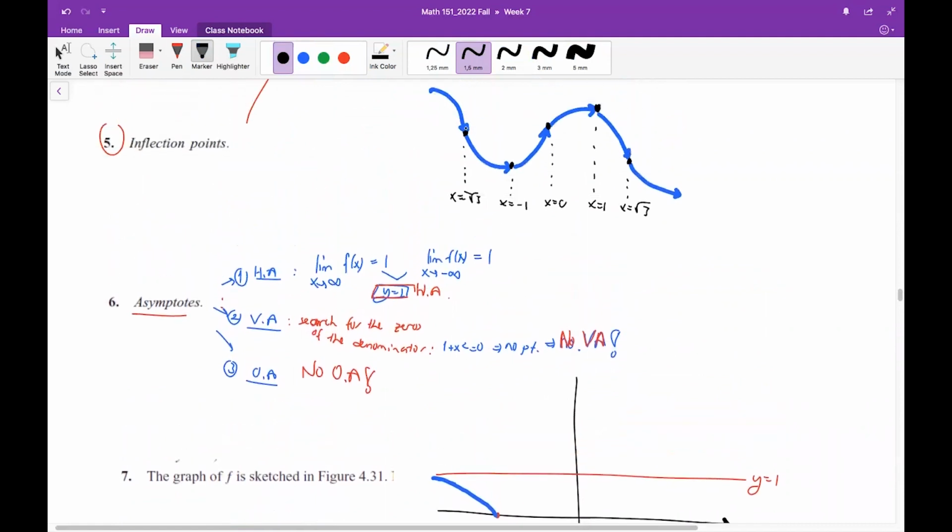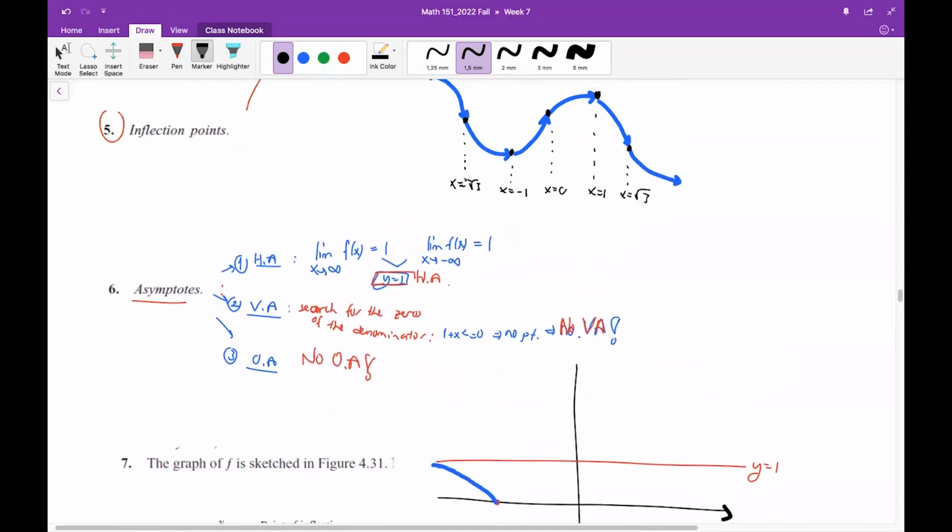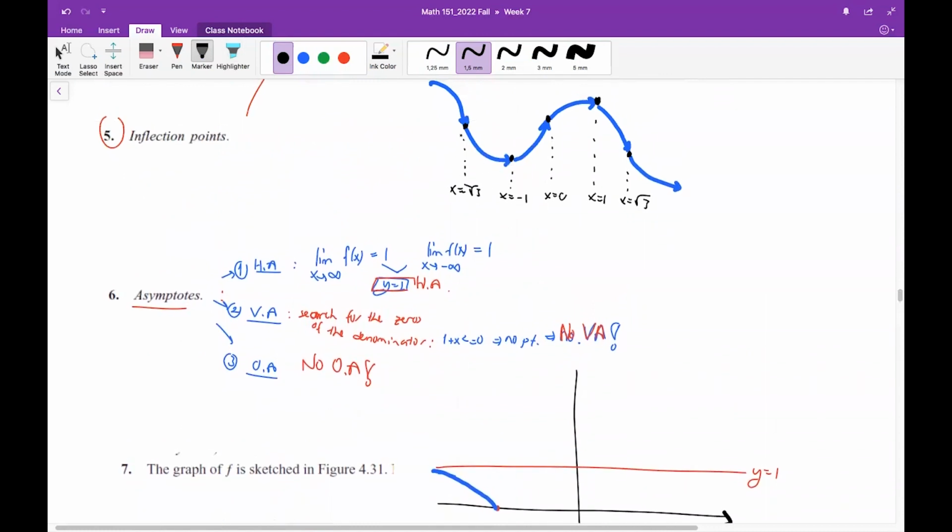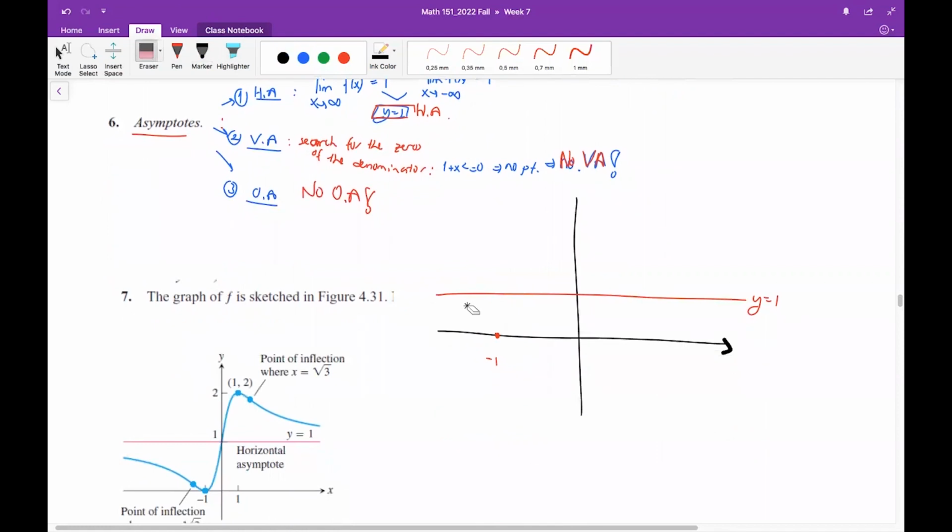So I use this shape. Then, sorry, this is not x equals -1 point yet. Before that, we have x equals minus square root 3, and then I need to change the concavity. Okay, let's be more careful on that. So let me put this point somewhere here.